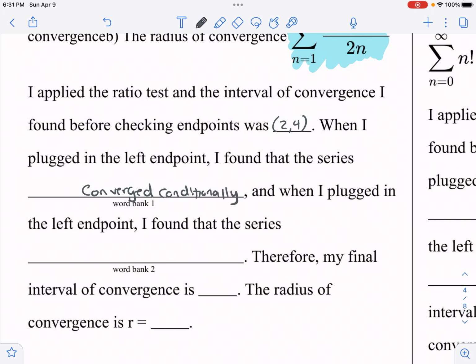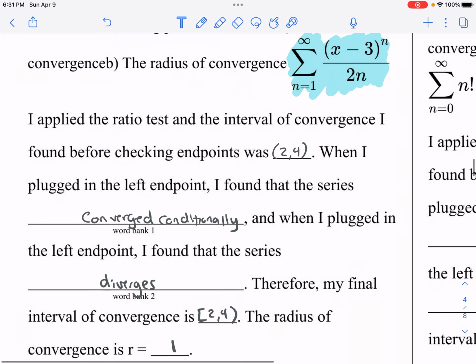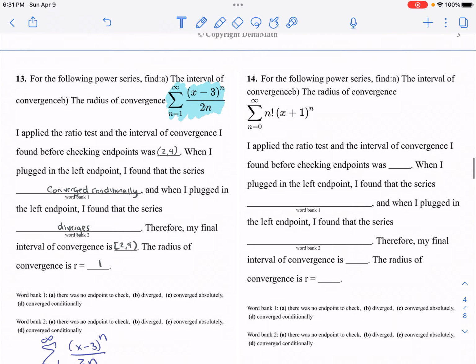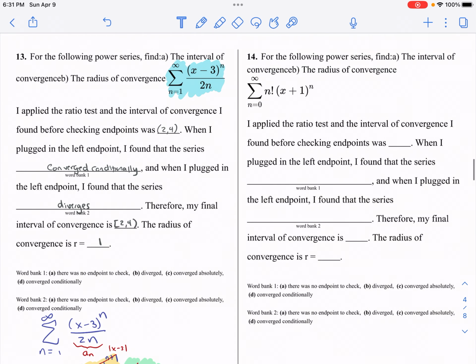And when I plugged in the right endpoint, I found that the series diverges. Therefore, my final interval of convergence includes the 2 but not the 4, and the radius of convergence is 1. Okay, let's zoom out. I'll do the right one in another video. Okay, there we have it.